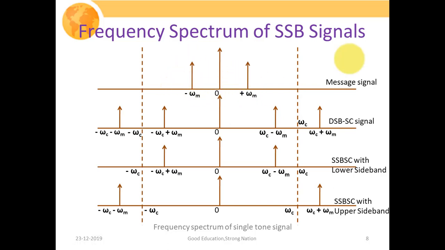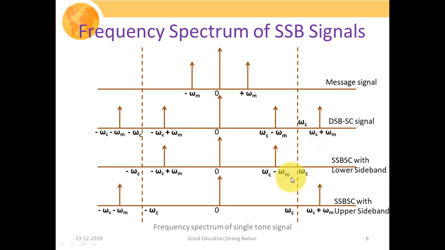After modulation, these frequencies will get translated to the higher frequency band, that is omega c plus omega m, which is our upper sideband, and omega c minus omega m, which is our lower sideband. And these are the negative counterparts of our upper sideband as well as the lower sideband.